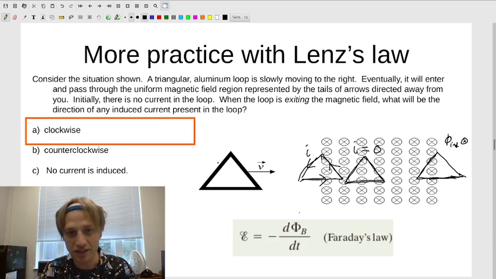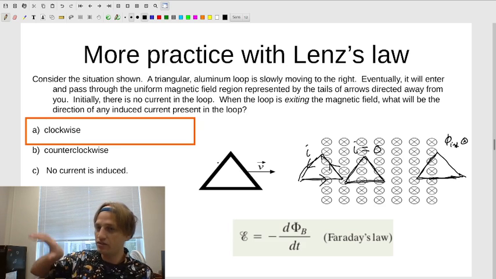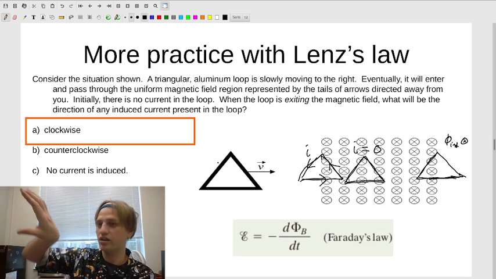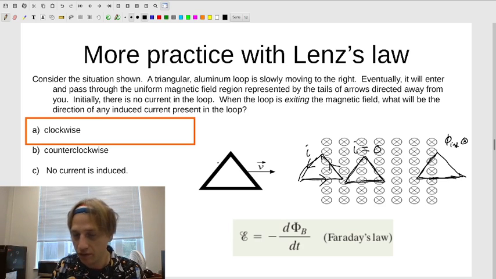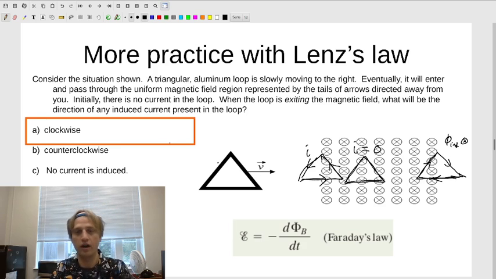Okay, this idea here is that Faraday's law is always opposing change. It's sort of a magnetic inertia. So in this case, if my induced magnetic field now is into the page, I can use my curl around my thumb to figure out that I would get a clockwise motion around the loop.